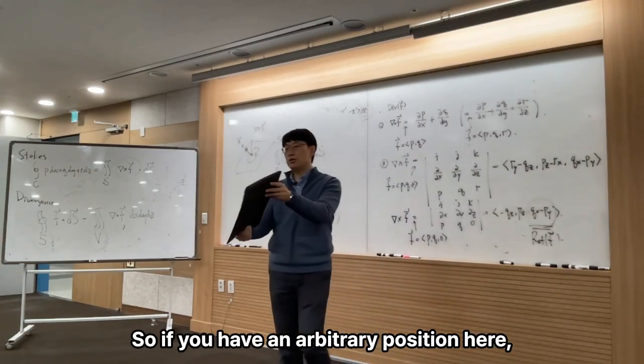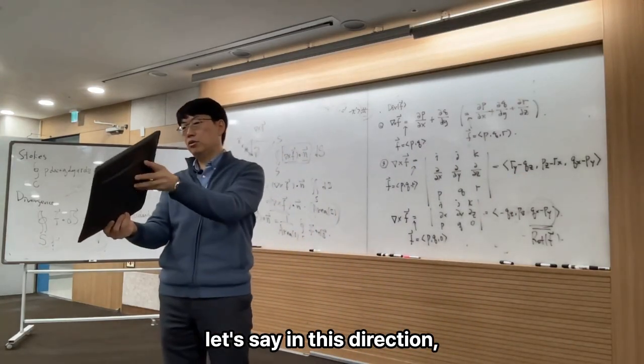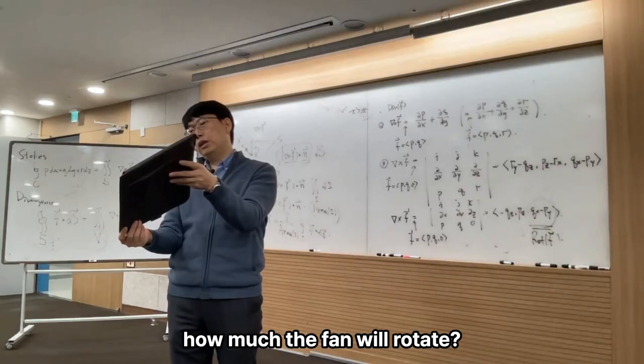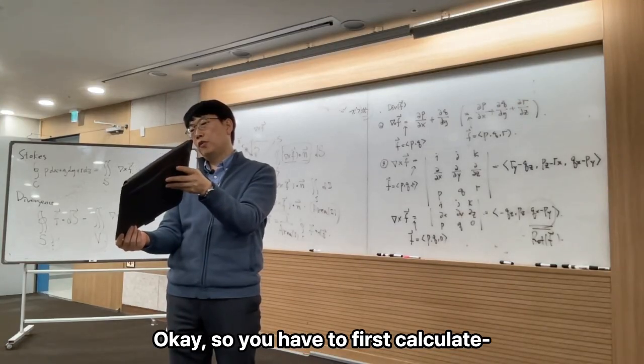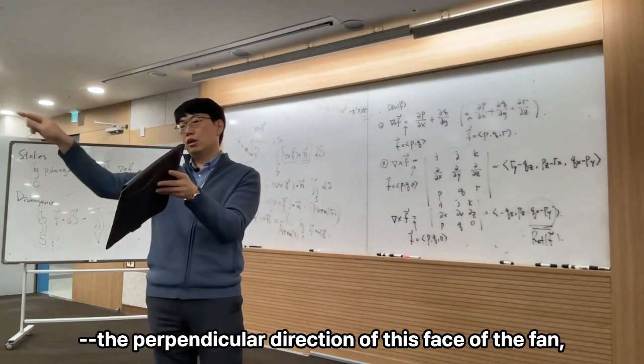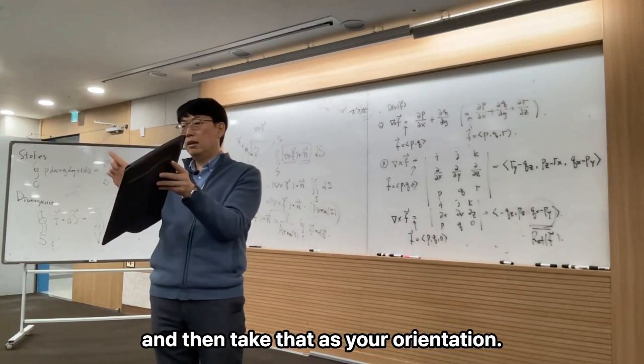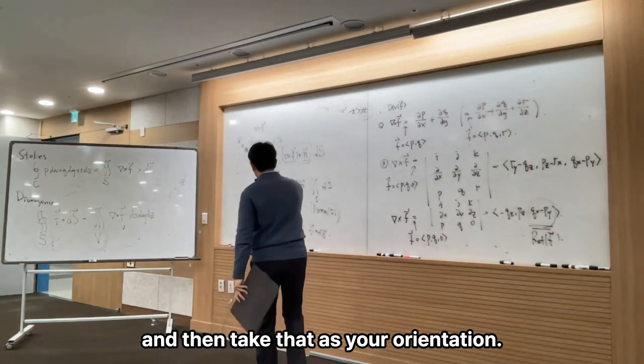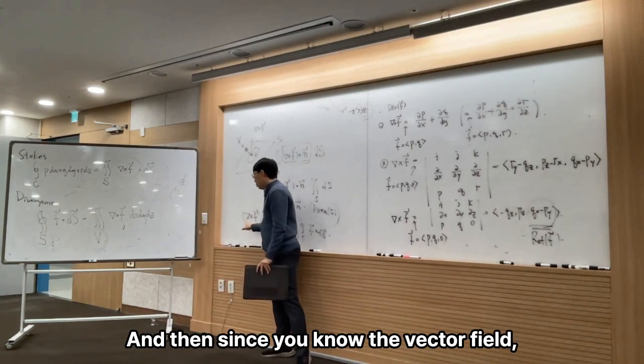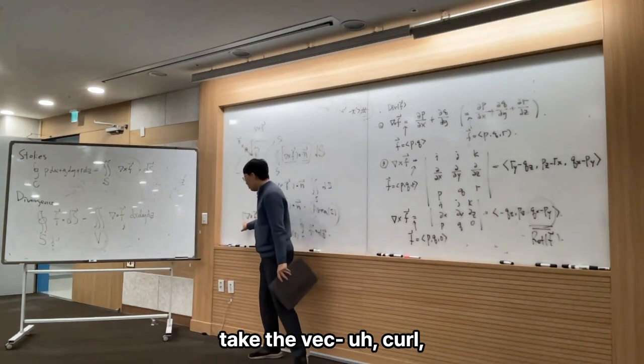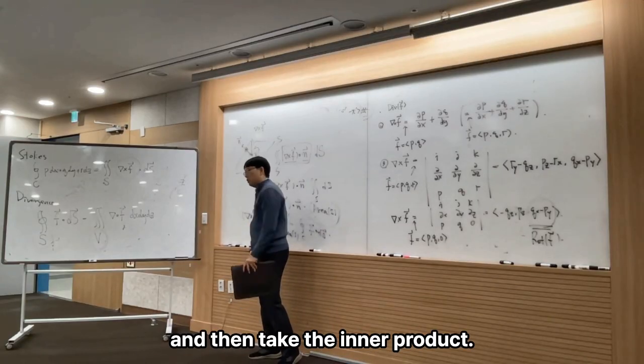If you have an arbitrary position, let's say in this direction, how much will the fan rotate? You first have to calculate the perpendicular direction of this face of the fan and take that as your orientation. And then, since you know the vector field, take the curl, and then take the inner product.